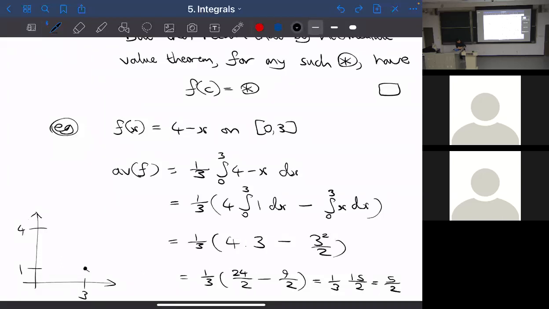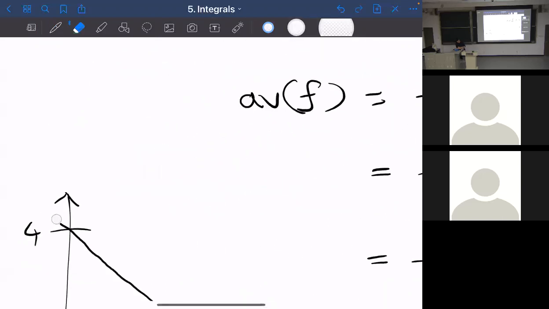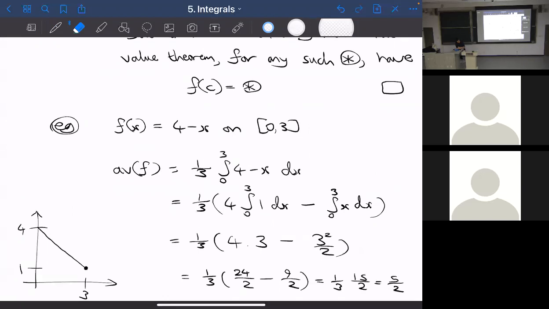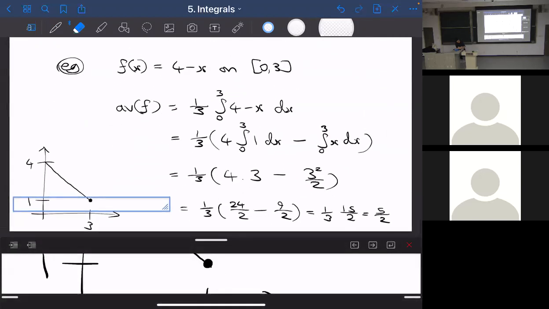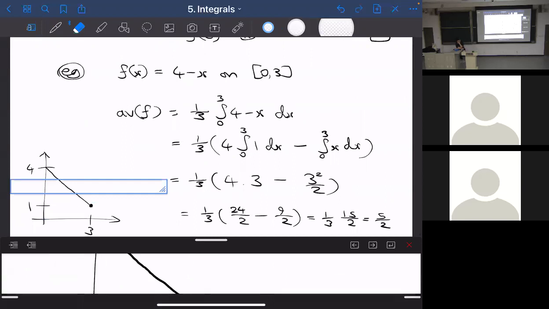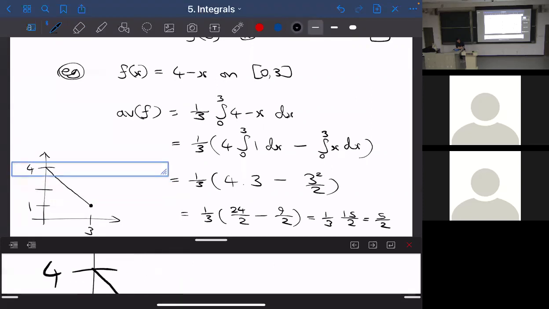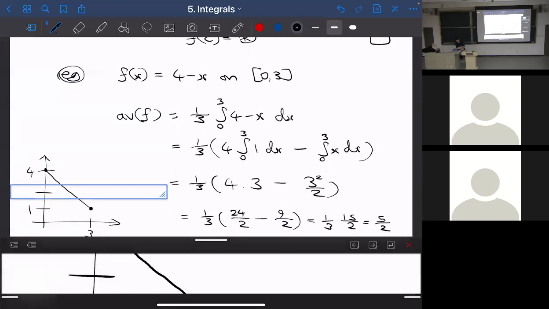I'm not drawing very straight yet. So the average, this is saying, is 5 over 2. So it's 5 over 2, that's 2.5. Okay, so yeah. So it's what we said before. It's halfway between the two endpoints. So this 5 over 2, halfway between the value at the two endpoints.